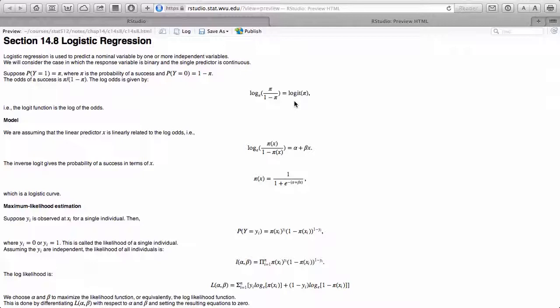The inverse logit of the logit of x is x. I mean, pi is pi. The inverse logit of the logit of pi is pi. So if I actually solve for that, I would get this.